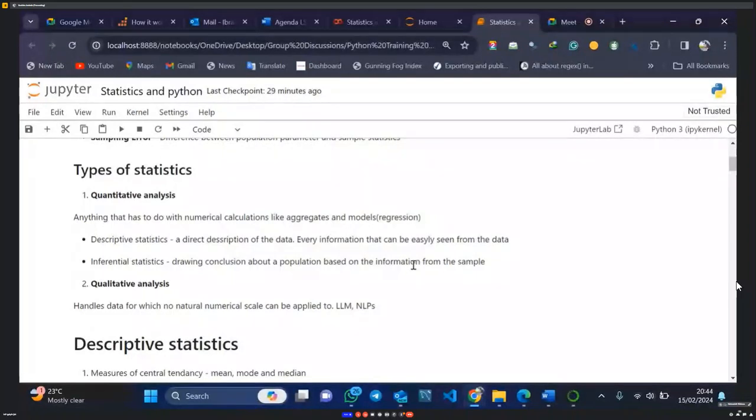People with ages 0 to 5, and every piece of information that can be easily seen from the data, like the graph that we did last time when Nehemiah was taking us through. There was some graph statistics. Then we do have inferential statistics I explained earlier.